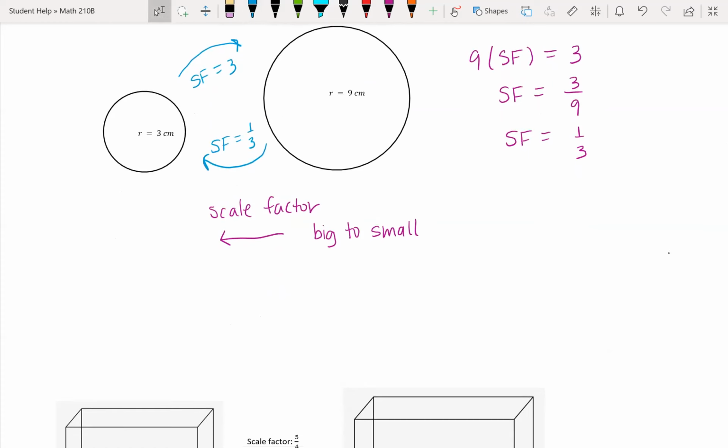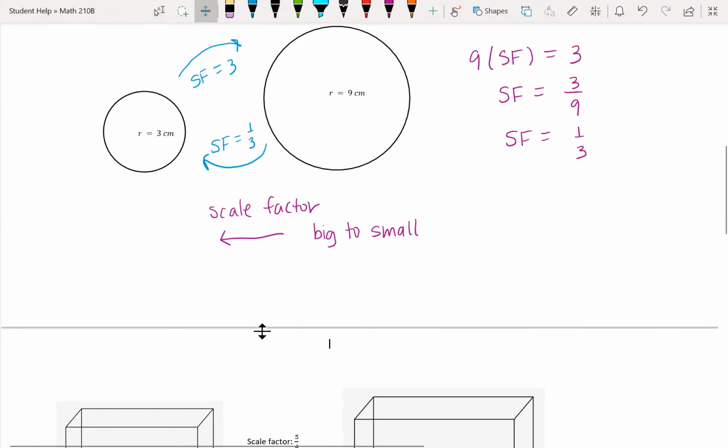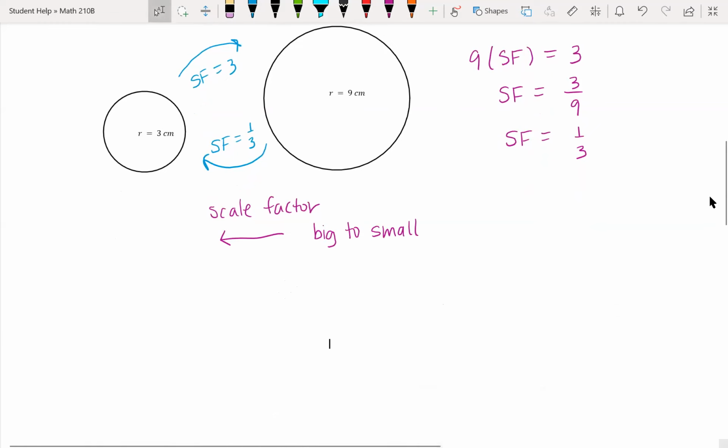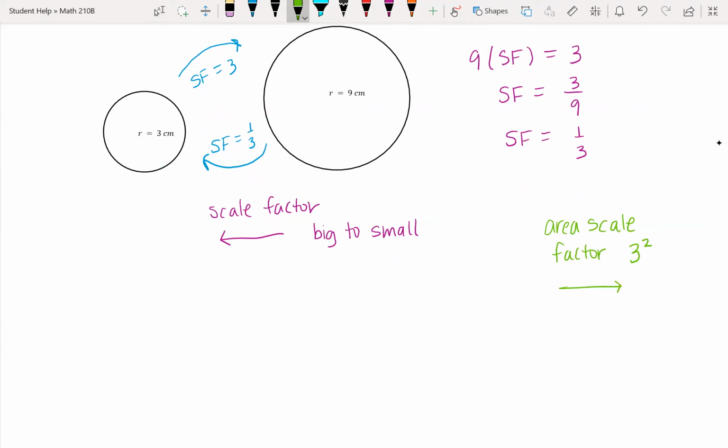Let's compare the areas of these two. Based on the example that we just did before, I think that if the scale factor going from small to big is 3, then the area scale factor is going to be 3 squared going this direction. All right, what's the area here on the left?